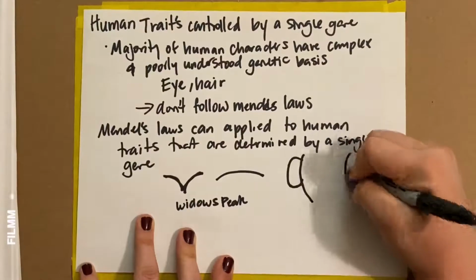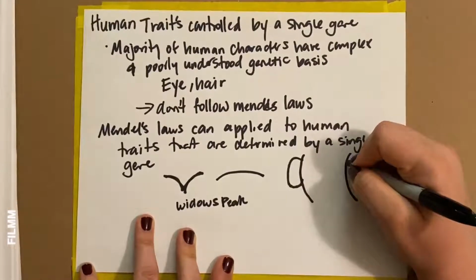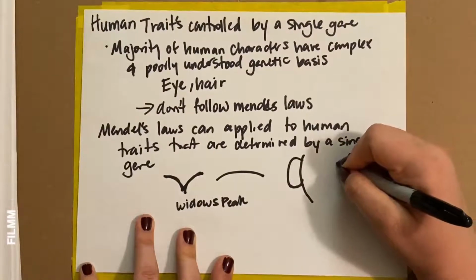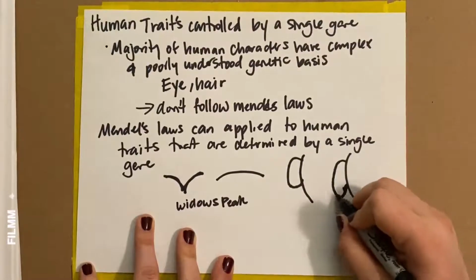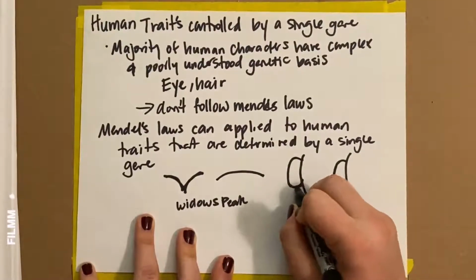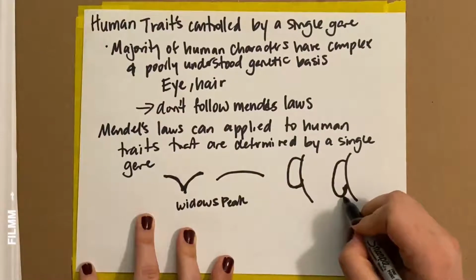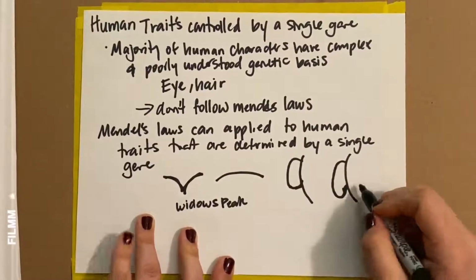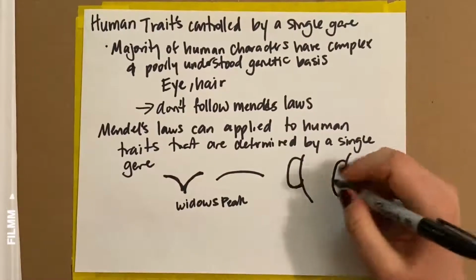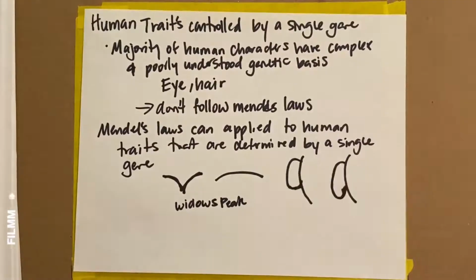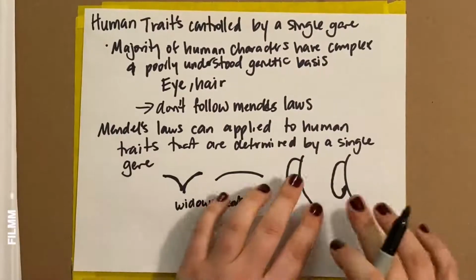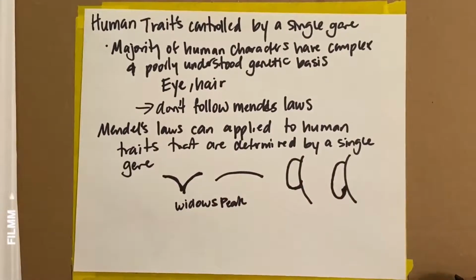Depending on how your ear attaches to your actual face, sometimes you can have a big earlobe that doesn't attach down here, and then other ones attach directly. So unattached earlobes is a dominant trait. Other individuals have an earlobe that connects directly to the side of their face, and that is going to be the recessive trait.